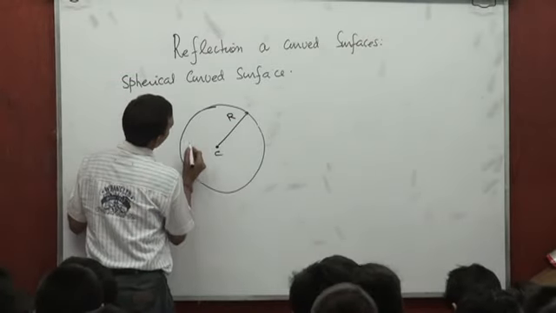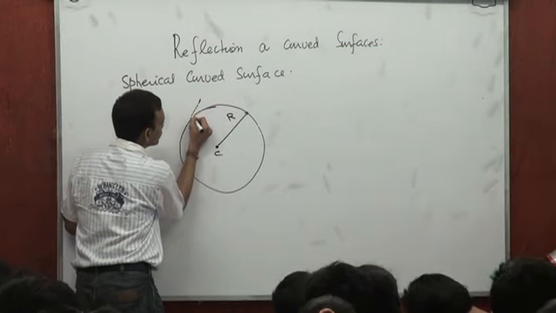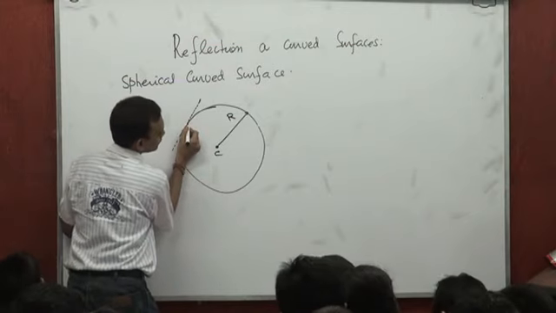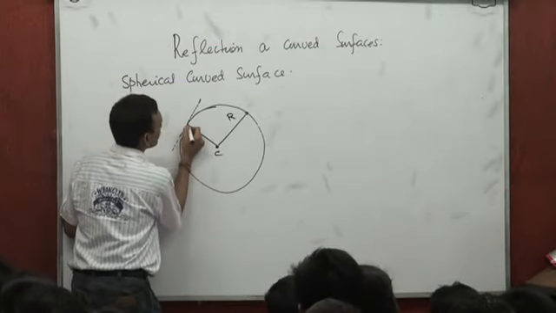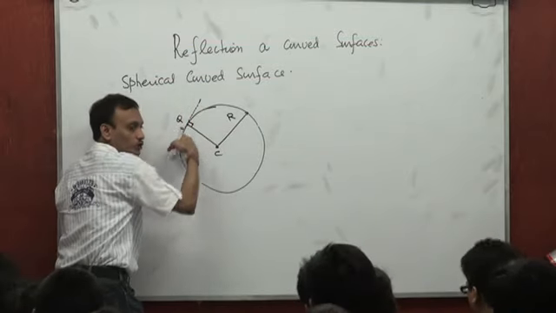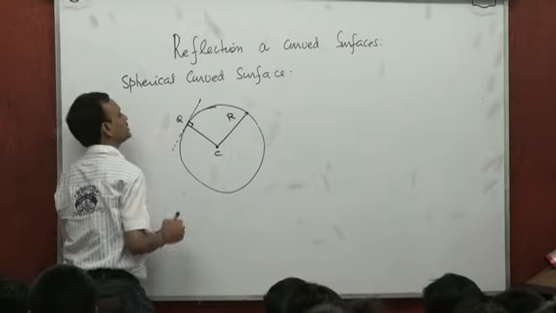The tangent at any point of the sphere, if this is the tangent at any point of the sphere, then the radius at the point of tangency would be perpendicular to the tangent.